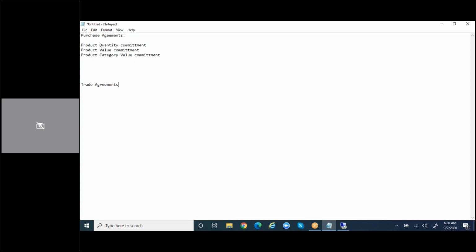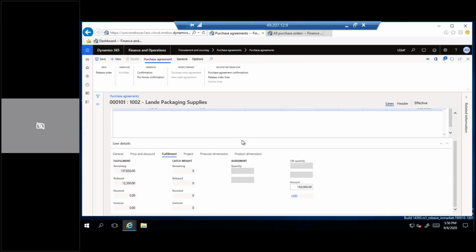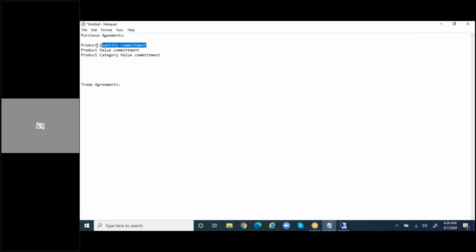Exactly, I forgot that actually. It's a different thing, we'll discuss that. Okay. So here, if it is quantity, you are agreeing the price, am I right? And discount. Here, value means only discount.